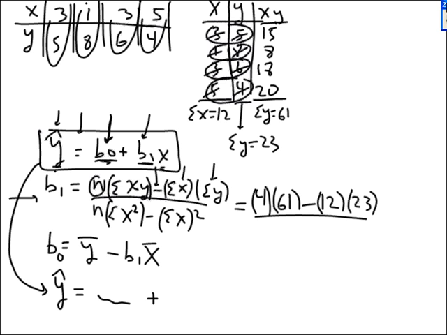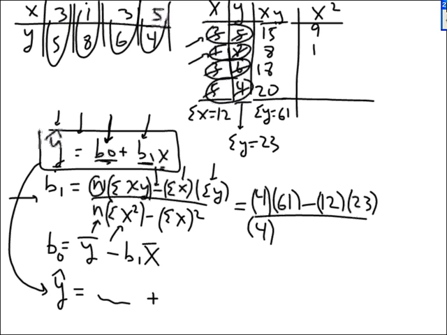Divided by n, which is still 4, times the summation of x squared. So I have to now square the x's. 3 squared is 9, 1 squared is 1, 3 squared is still 9, and 5 squared is 25. 10 and 25 is 35, and 9 more is 44.